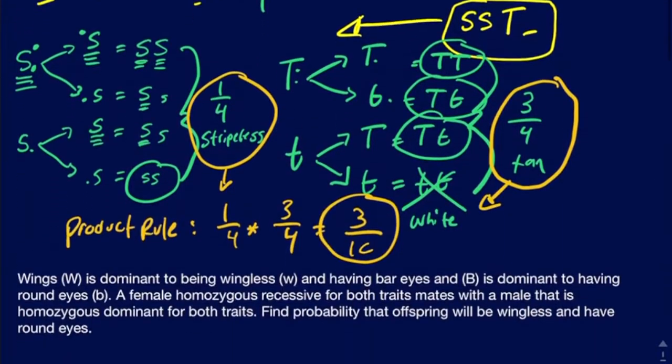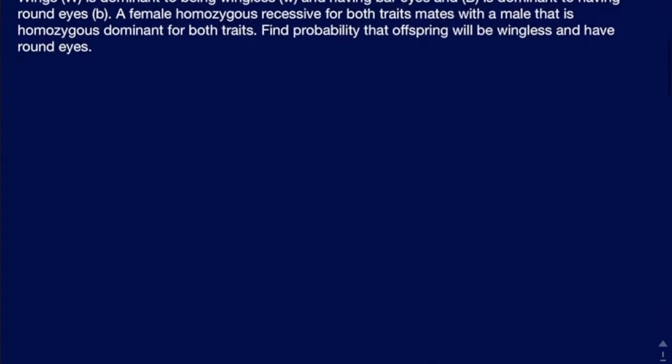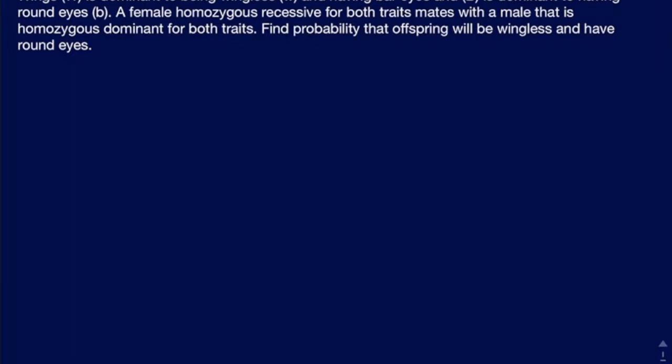Let's try another problem. In this question, wings is dominant to being wingless, and having bar eyes is dominant to having round eyes. A female who's homozygous recessive, so let's just write that. If she's homozygous recessive for both traits, what is her genotype?